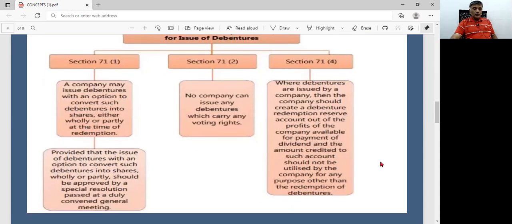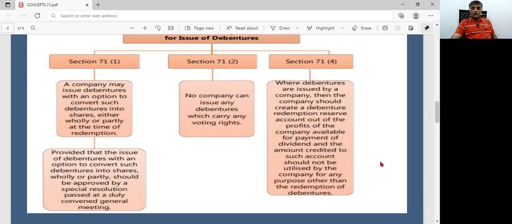A company may issue debentures with an option to convert such debentures into shares either wholly or partly at the time of redemption, provided that the issue of debentures with an option to convert such debentures into shares wholly or partly should be approved by a special resolution passed at a duly convened general meeting. This directly has a connection with the redemption of debentures by means of conversion. So you have to pass a special resolution at a duly convened general meeting.